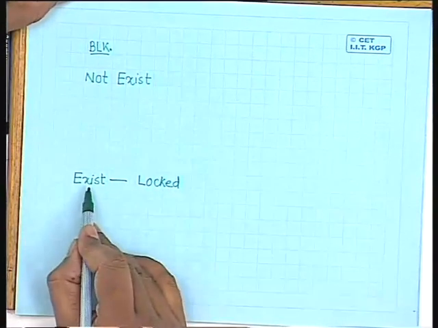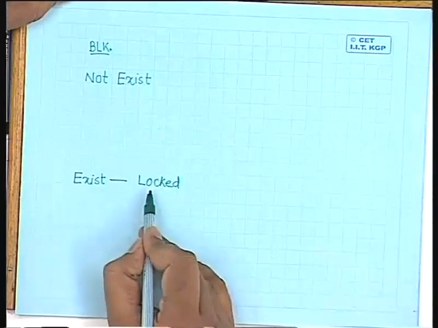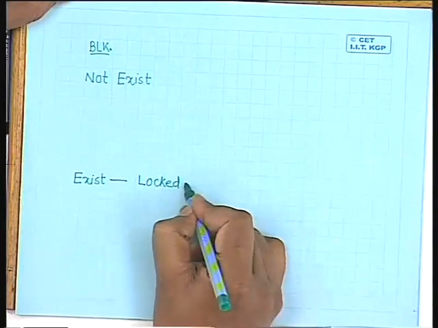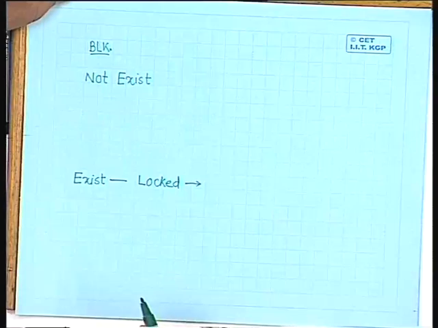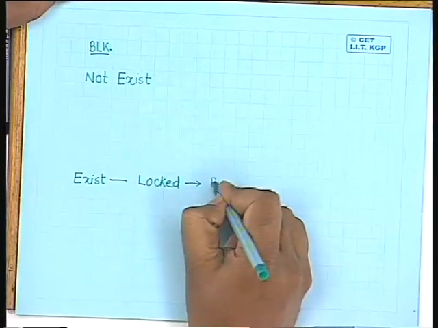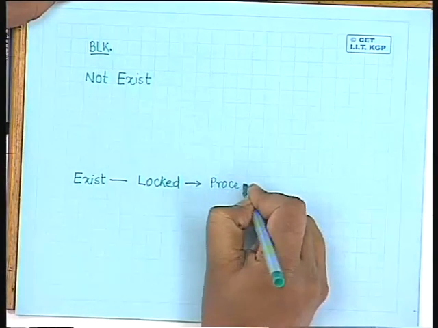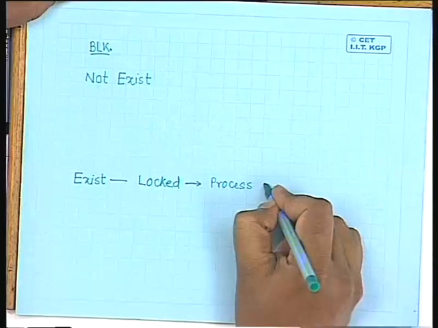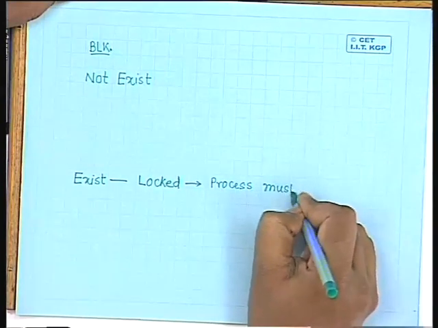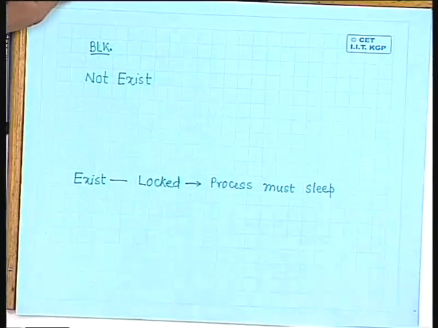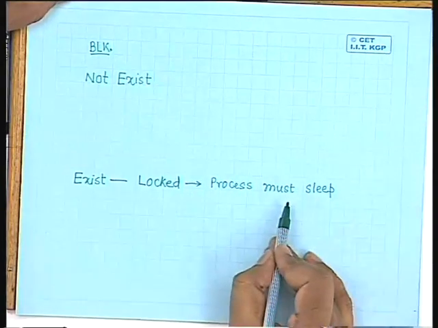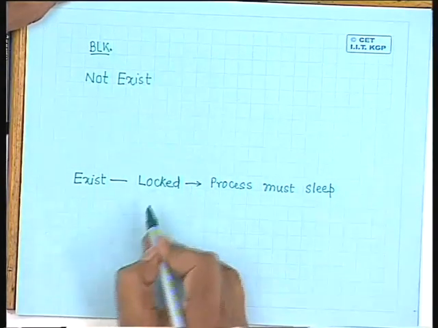If the block exists in the buffer and the buffer is locked, then, because the data is already in the buffer, I cannot have another copy of the same data block in another buffer. So in this case, the process requesting it must go to sleep mode, and the process will wake up when this buffer becomes free.